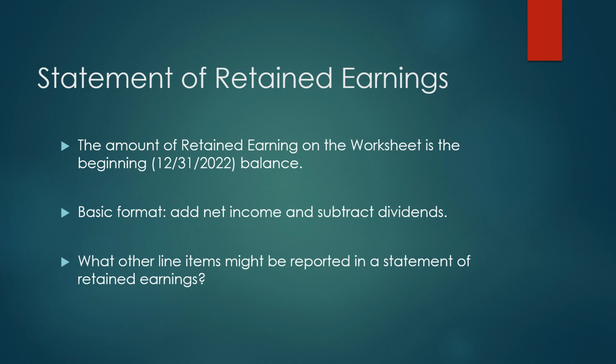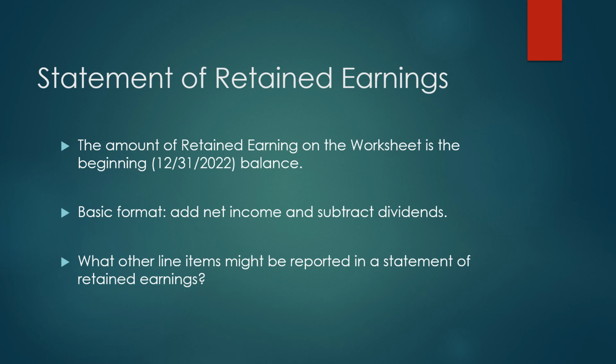Next, we're going to prepare a statement of retained earnings. Keep in mind the amount of retained earnings reported on your adjusted trial balance is the beginning of the year, or the 12/31/2022 balance. We haven't closed the books yet, so that amount has not been adjusted for net income and dividends.